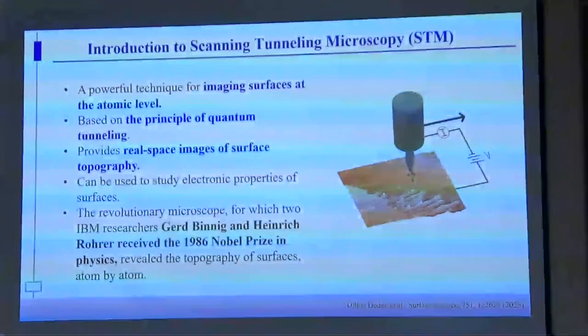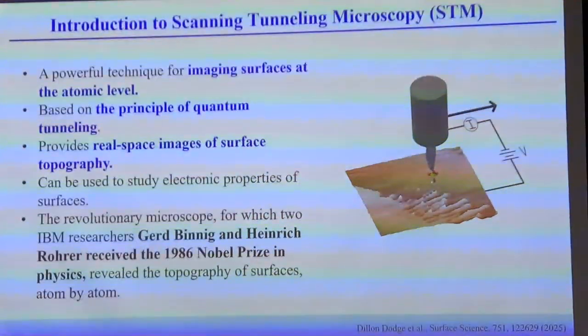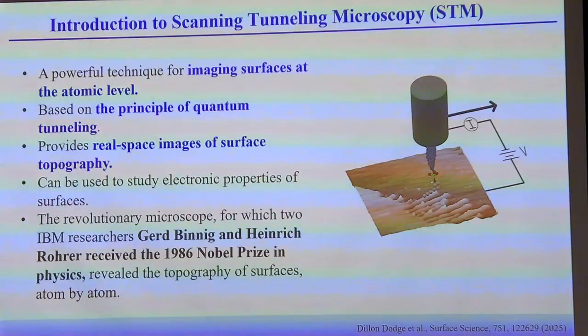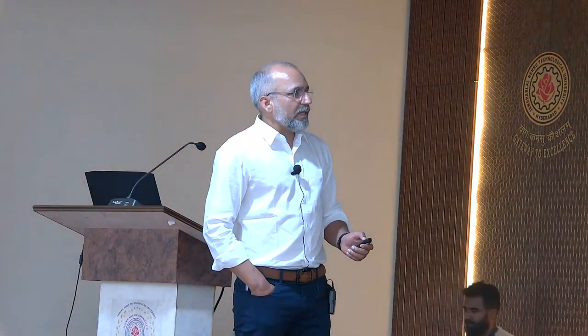So the next is STM, scanning tunneling microscopy. That's a pretty powerful technique for surface analysis at atomic scale. The principle is a little bit modified from atomic force microscopy. Like atomic force microscopy, we have a tip, but here the tip is operated with a potential and depends on quantum tunneling.